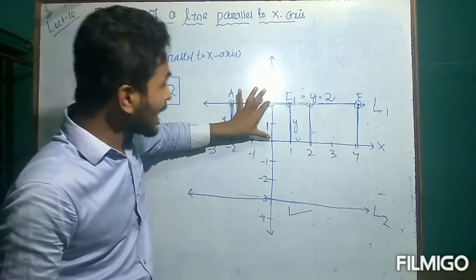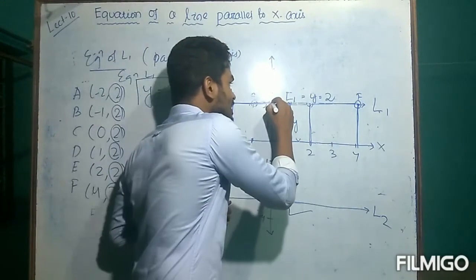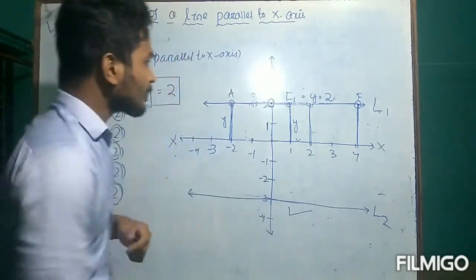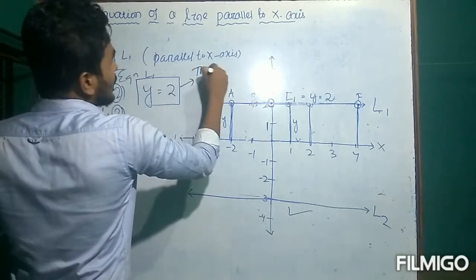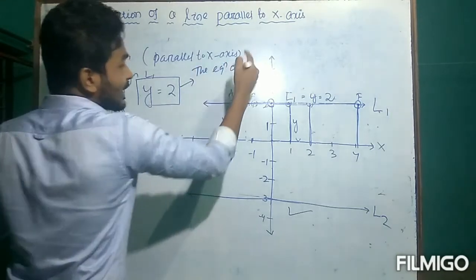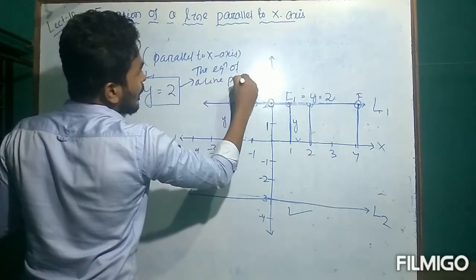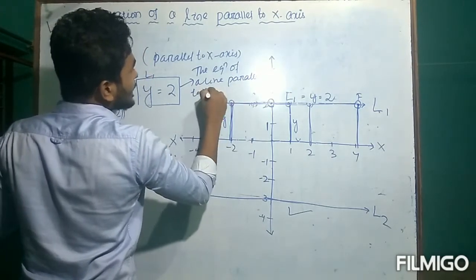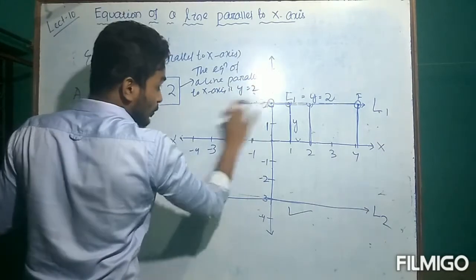If it lies at a distance of 2 units from the x-axis, you can write the equation of a line parallel to the x-axis as y is equal to 2.